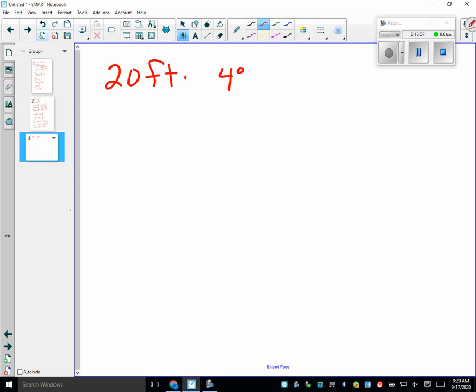Here's my water, right? Here's my boat ramp, and this is how long? What is this? 4 degrees. Don't I want to find this right here? Well, isn't this sine of 4 equals y over 20, opposite over hypotenuse?